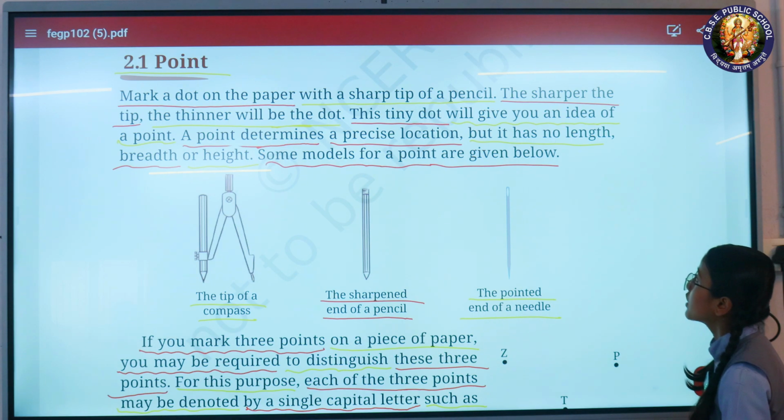This tiny dot will give you an idea of a point. A point determines a precise location, but it has no length, breadth, or height. Some models for a point are given below.